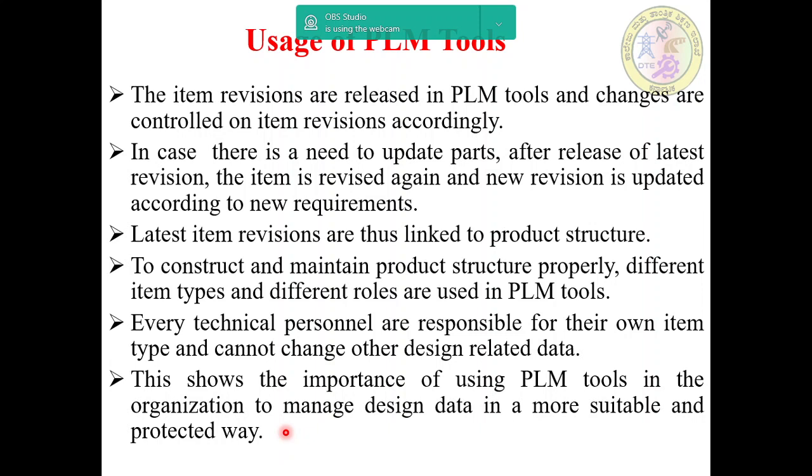To construct and maintain product structure properly, different item types and different roles are used in PLM tools. This shows the importance of using PLM tools in the organization to manage design data in a more suitable and protected way.